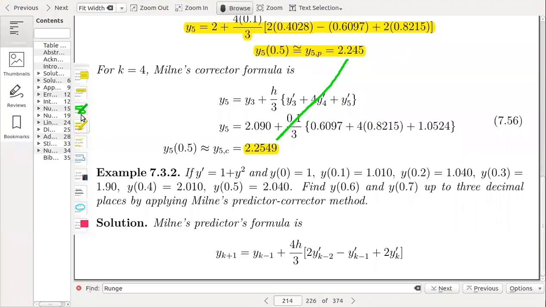So the next example is y prime is equal to 1 plus y square. So this is again an initial value problem. Milne's predictor formula can be written as yk plus 1 is equal to yk minus 3 plus 4 h by 3 into 2 y prime k minus 2 minus y prime k minus 1 plus 2 y prime k.